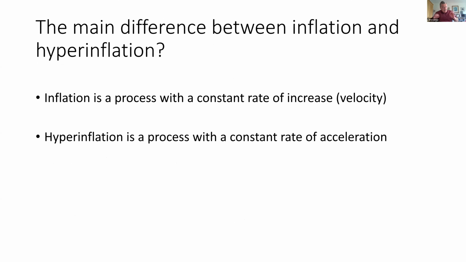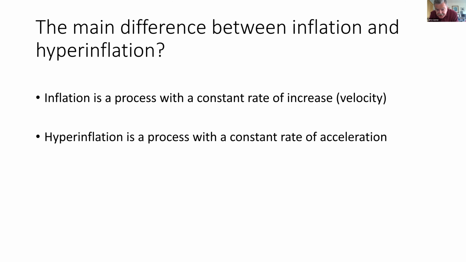Okay, so this is kind of neat because it tells you what I've described for you: price inflation and price hyperinflation. What's the difference between the two? With price inflation, you have a constant rate of increase, or approximately a constant rate of increase. Okay, that's a velocity.